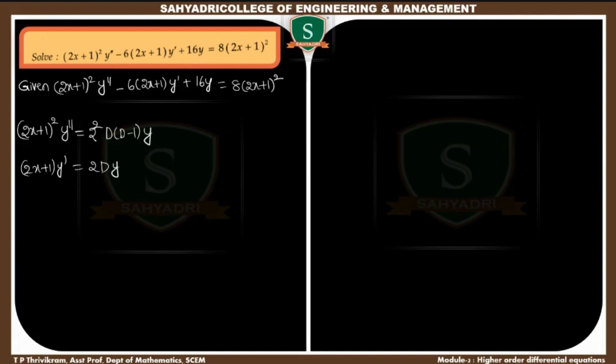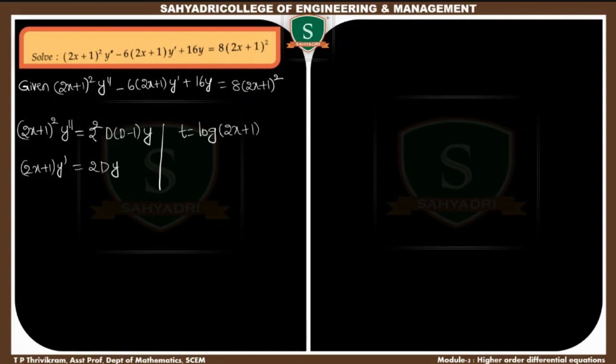Now, in the same way, the substitution is t is equal to log of (2x plus 1). This is the linear expression given in the equation.